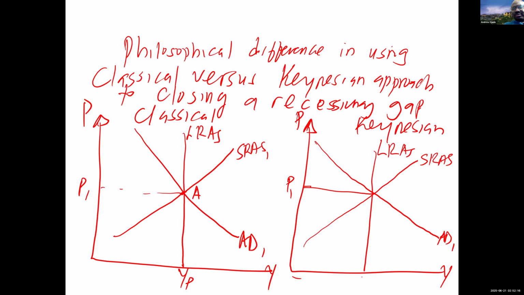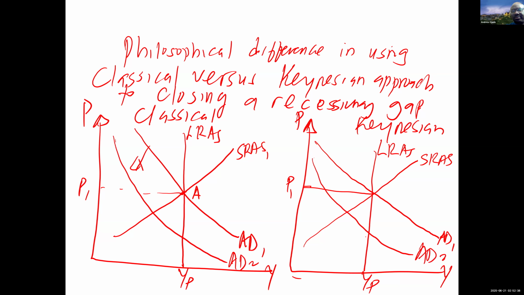So this is P1, this is Y1, YP. Then all of a sudden, the economy is hit by a negative demand shock, meaning the aggregate demand curve shifts to the left, AD2. Same thing here, it shifts to the left, AD2.